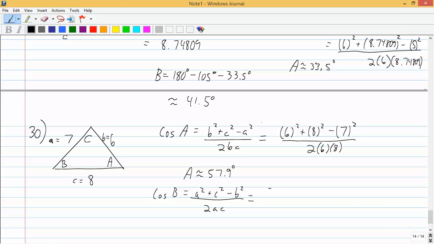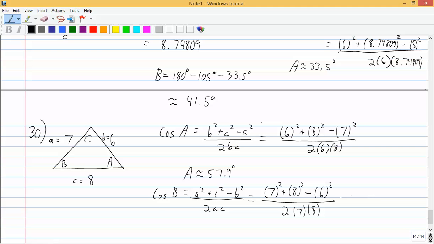Alright, so a is 7, so that's 7 squared plus c is 8, so that's 8 squared minus b is 6, 6 squared over 2 times a is 7 times c is 8.